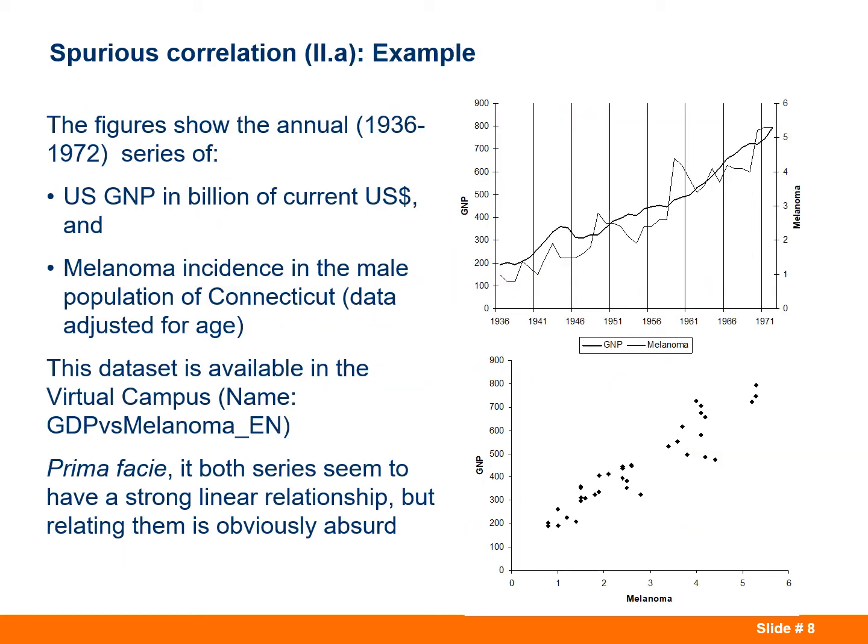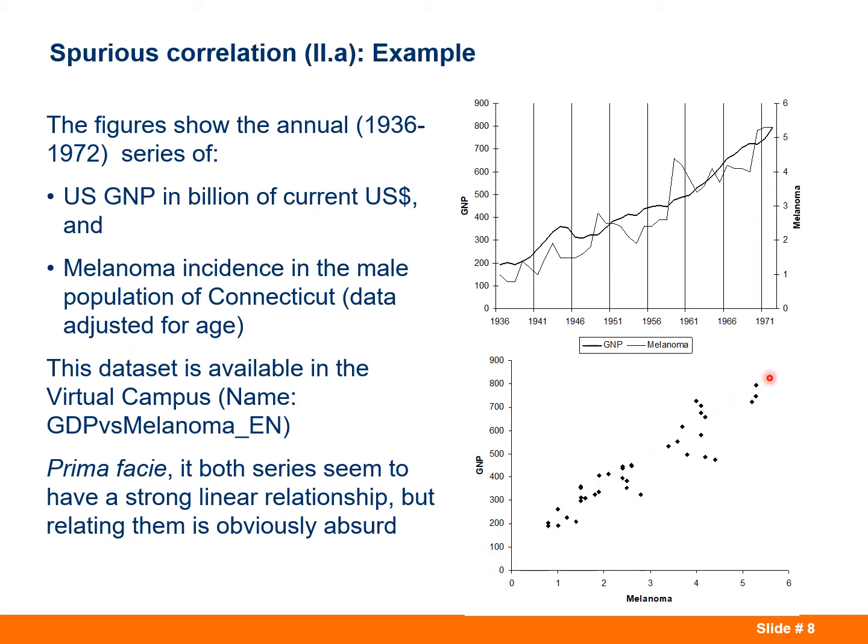I will also show now an example of a spurious correlation and how to detect it. The figures show the annual series of US GDP, which is the thick line, and melanoma incidence in the male population of Connecticut, with the data adjusted for age, which is the thin line. Here you have the time series plot. Here you have the scatter plot.